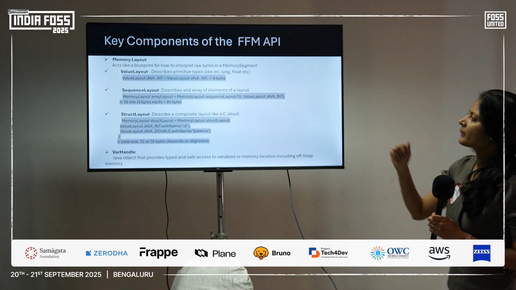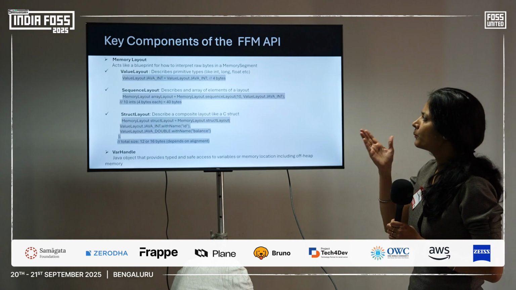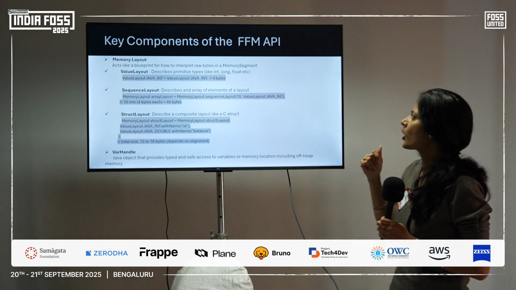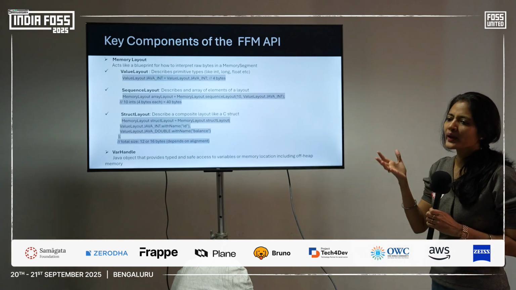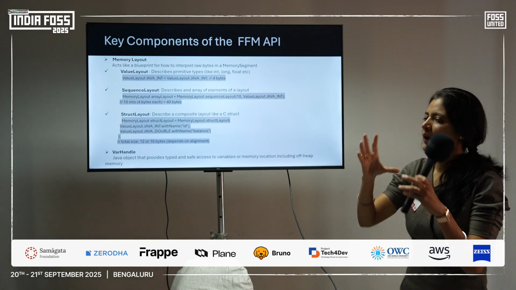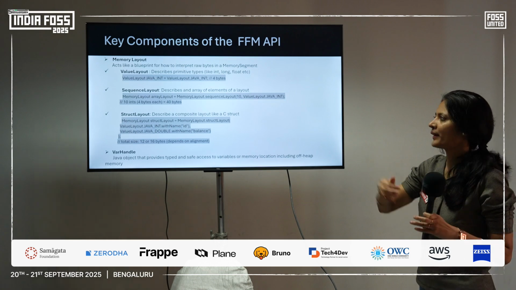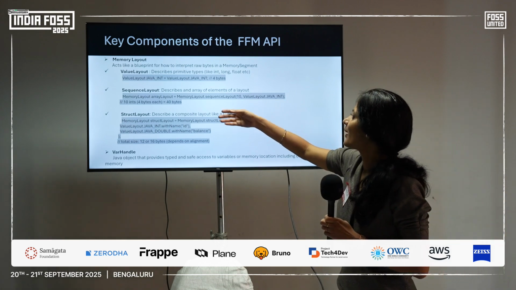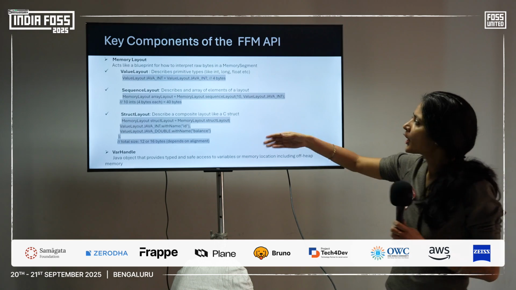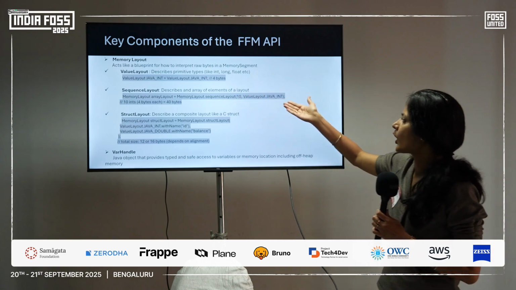Then the memory layout. It acts like a blueprint for how to interpret raw data in a memory segment. You can think of it as the Java equivalent of a C structure. Then you have something called the value layout, and the sequence layout.